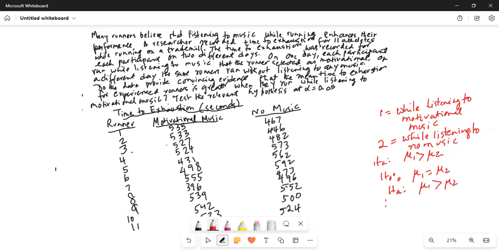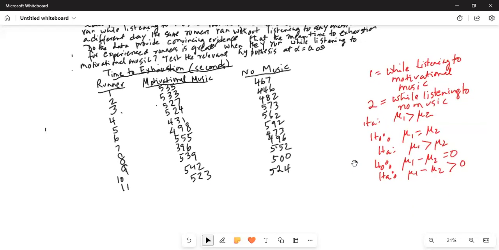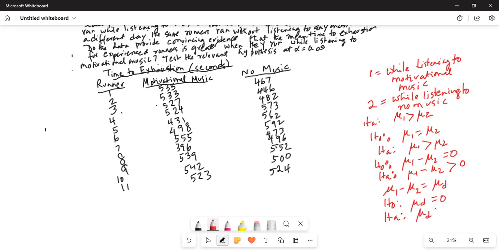Now, if I subtract mu2 from both sides, I get the null hypothesis as mu1 minus mu2 equal to 0, and the alternate hypothesis is mu1 minus mu2 greater than 0. I can indicate this difference in the two means, mu1 minus mu2, as mu d. So my null hypothesis is mu d equal to 0. Alternate is mu d greater than 0.